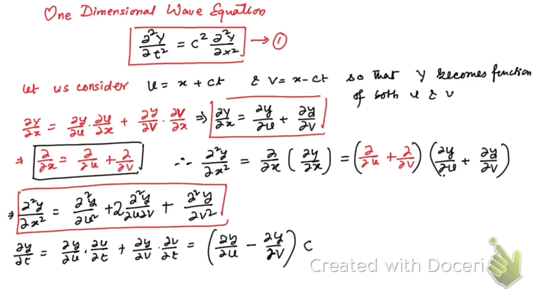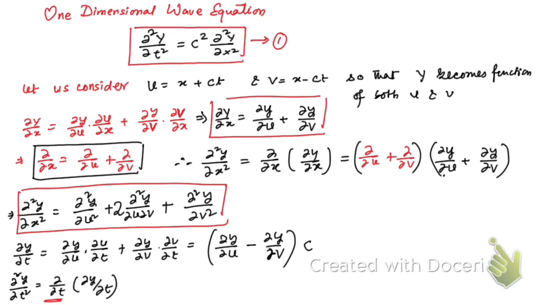Similarly, we can find the second order derivative of y with respect to t, and this can be written as del t and del y by del t, right? And we can replace this del t here.